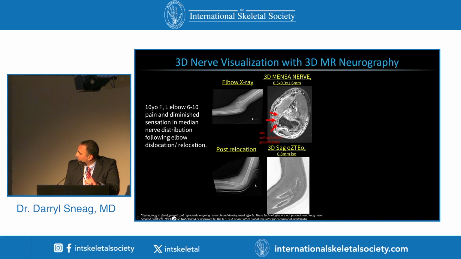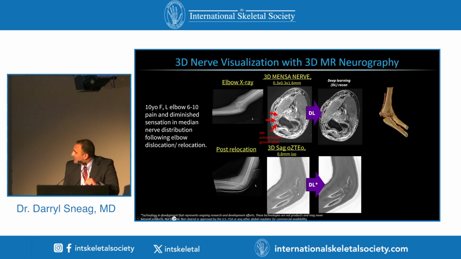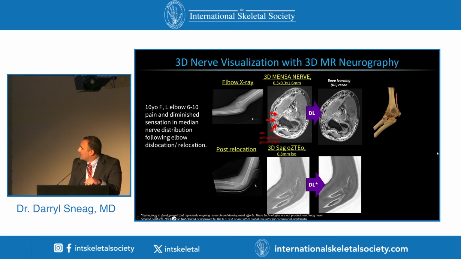And here we found, interestingly, the median nerve became entrapped in the apophyseal growth plate of the medial epicondylar apophysis. We acquired a ZTE sequence, ran it through the DL reconstructions for both MENSA and the ZTE, and then we're able to fuse the renderings together.